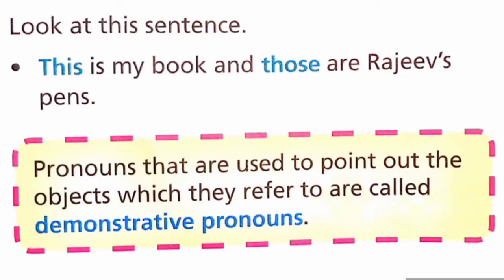Pronouns that are used to point out the objects which they refer to are called demonstrative pronouns. For example, this is my book and those are Rajiv's pens.